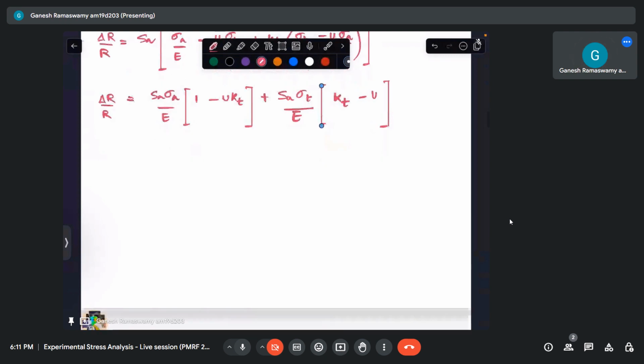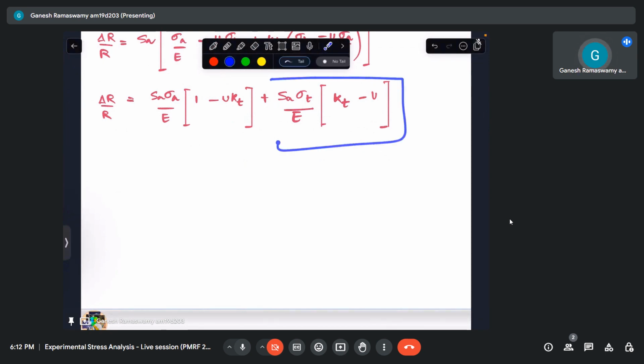Now in order to nullify this, it can be clearly seen that if I can nullify this from the change in the resistance, I can directly measure the stress.